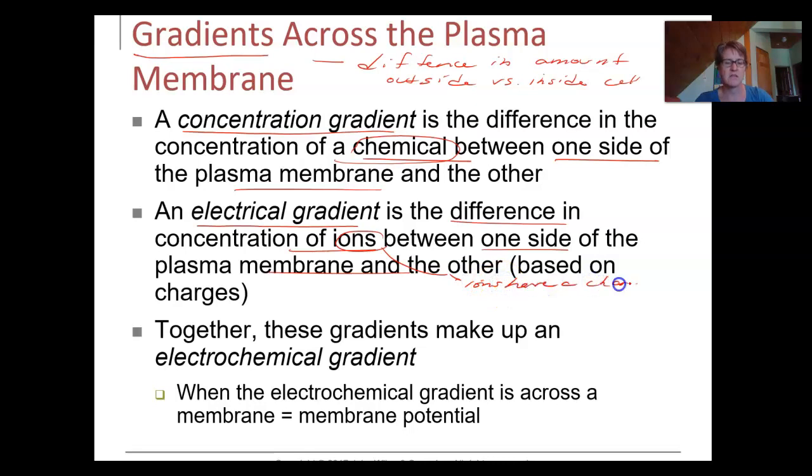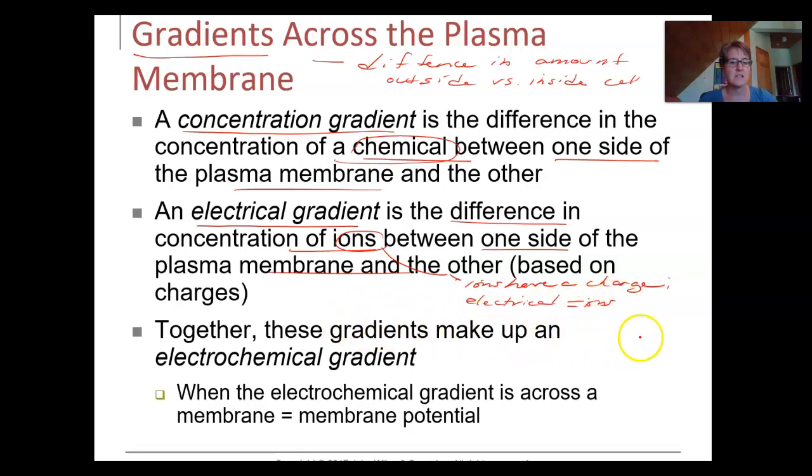And because ions have a charge, that has to do with electrical impulses, electrical signaling. It's all based on ions.